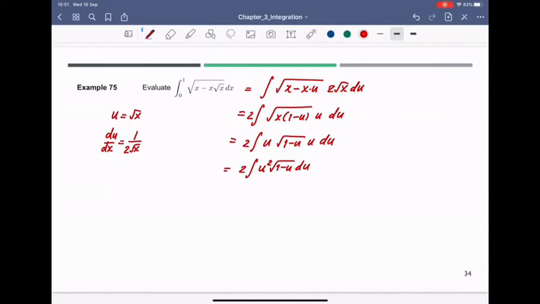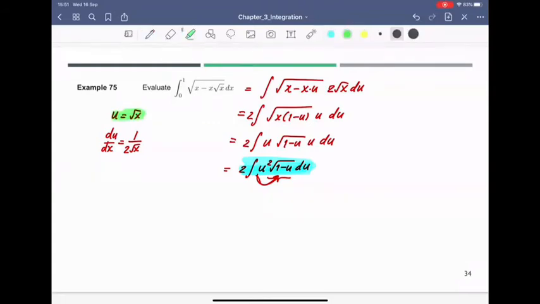Because if you pick your u to be square root x, at some point you get this, and you have to ask yourself, can you integrate that? For me, this is hard because I have square root 1 minus u anyway. When I try to expand u squared into that, it still seems messy to me because I don't know how to deal with that term. So maybe this is not a good choice.